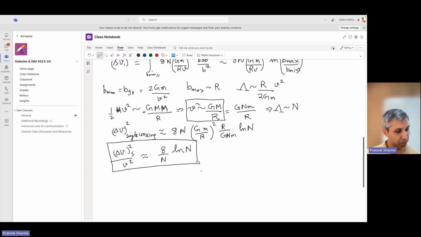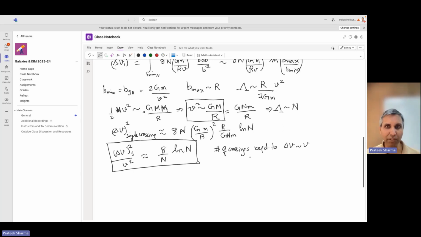Okay. So we can actually answer another related question. What is the number of crossings required to make delta V of order V? This is like if you throw a test particle at this stellar system, when does it forget its initial velocity?